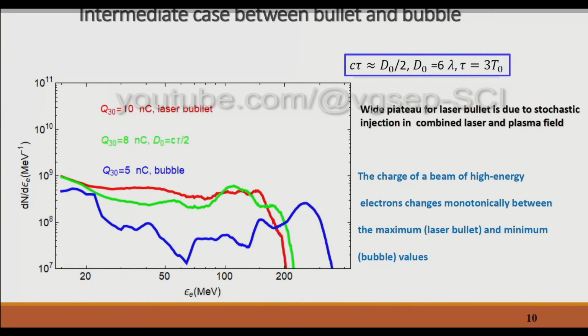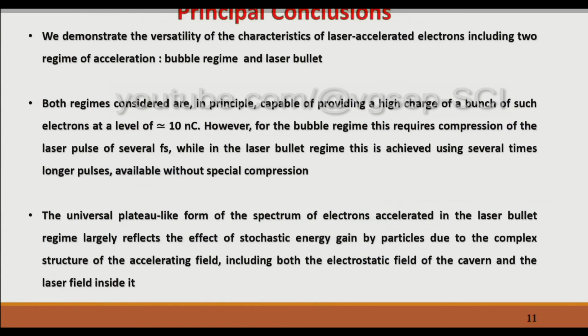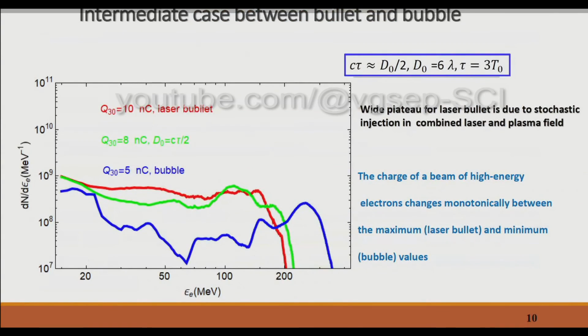The intermediate part of this relativistic self-trapping regime varies between the top of the calculation, which in this case is the charge for the bullet, and the minimum, which is given by the bubble.